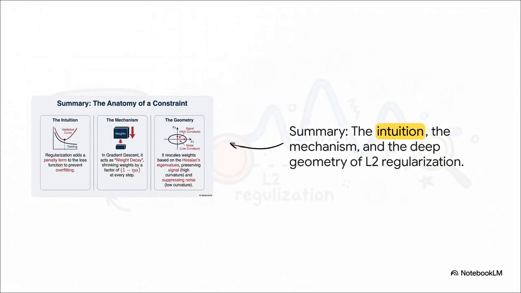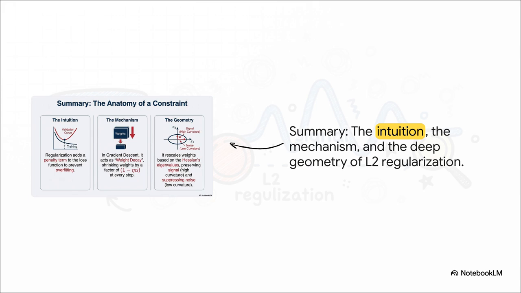So, let's just quickly recap the journey we've been on. We started with a simple intuition. Hey, let's add a penalty to stop the model from getting too complex. Then, we saw the mechanism in action, this weight decay that shrinks the weights at every single step. And finally, we uncovered the deep geometric reason why it works.